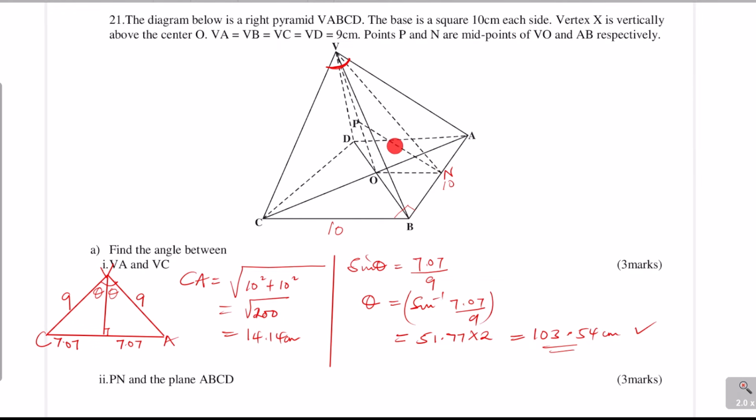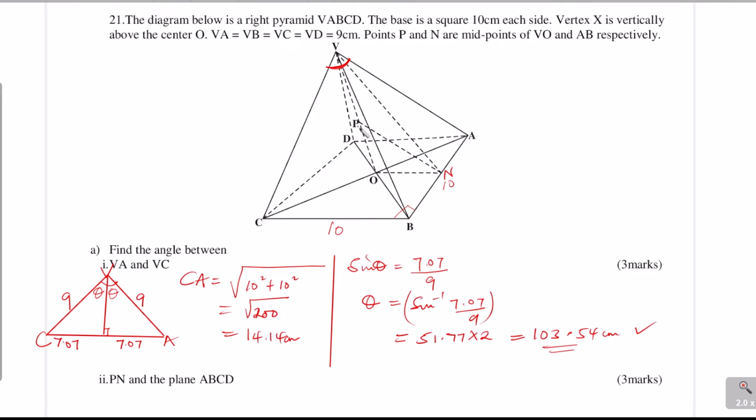You can see that line, and then the plane ABCD. So we have this plane that is here. That is the angle between a line and a plane. And how do we get the angle between a line and a plane? We get it by getting the angle between that line, which is PN, and its projection on that plane.